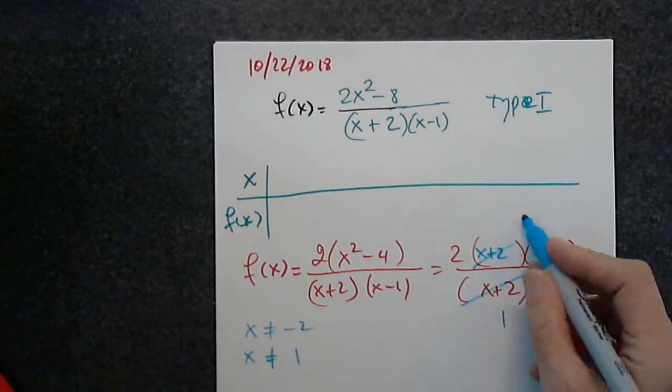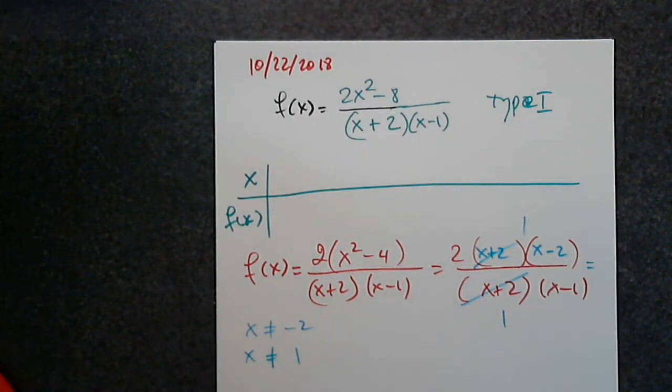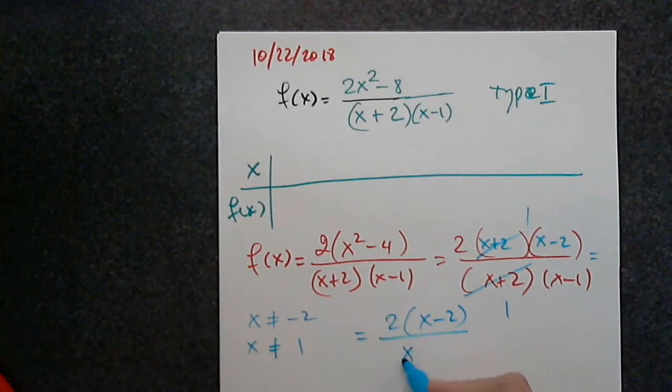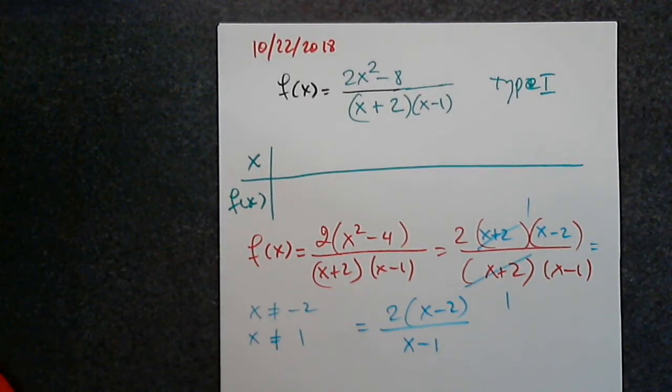Is that clear? Only after I state restrictions, I am allowed to simplify. We've always done that with rational equations, right? We always stated the restrictions, and then we did whatever. Good. So then the function becomes this. Is this okay, everyone? Perfect.